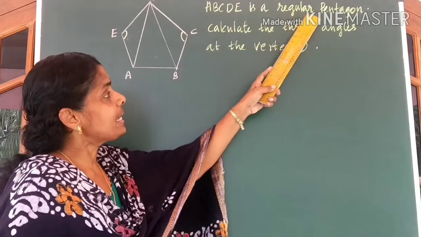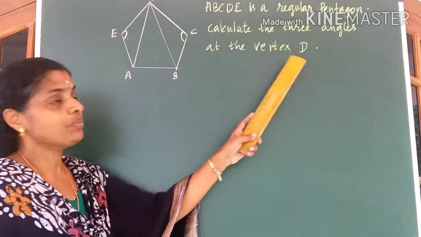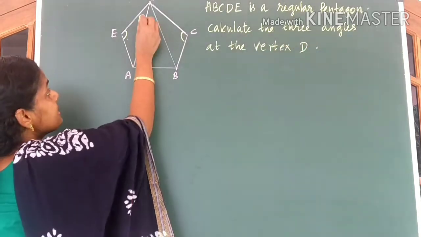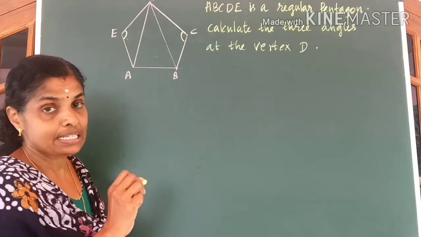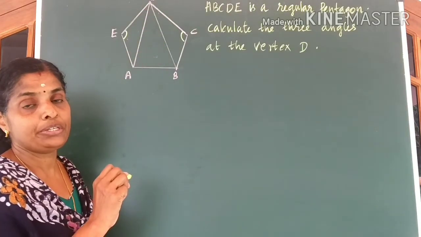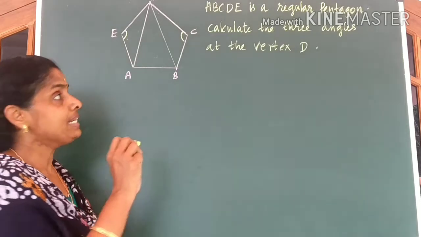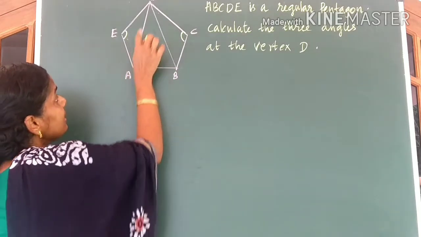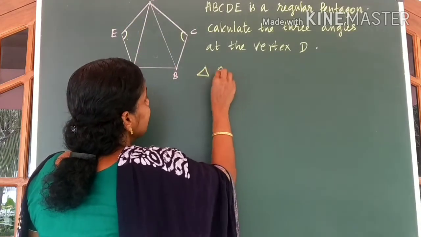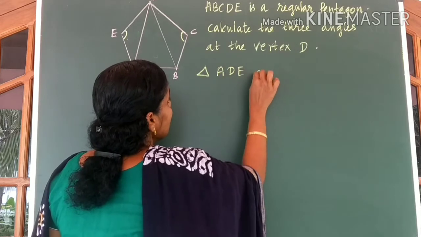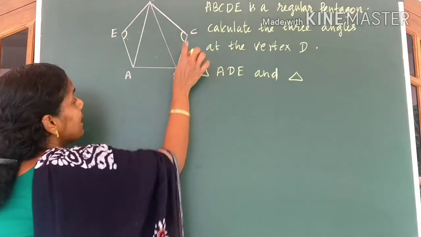ABCDE is a regular pentagon. Calculate the three angles at the vertex D. You can see three different angles formed at the vertex D. Now we are going to calculate each of the three angles. Now consider triangle ADE and also triangle BCD.